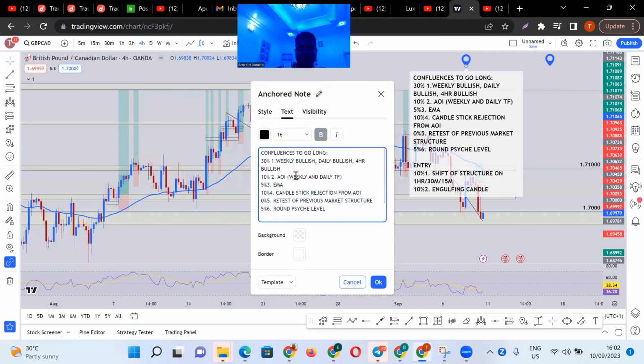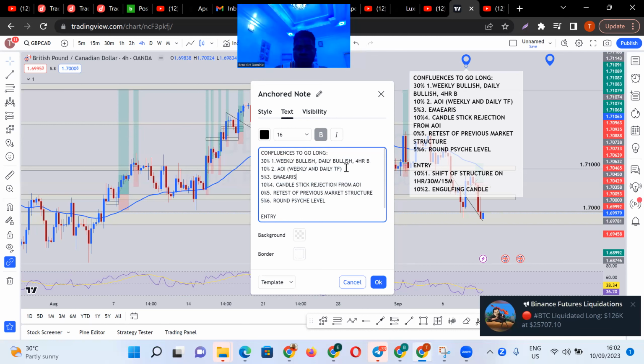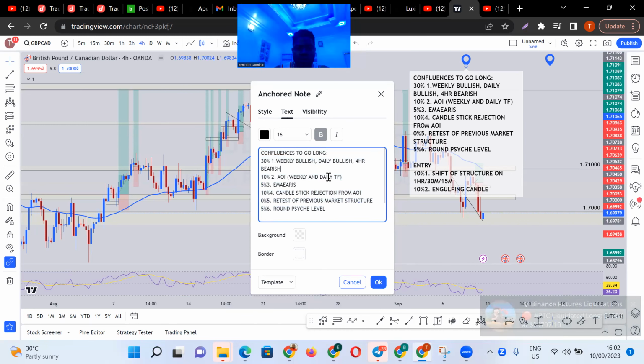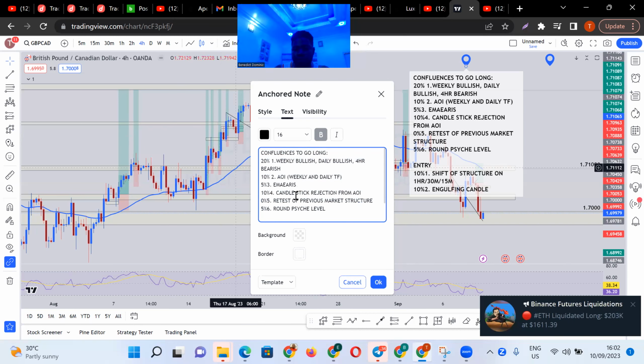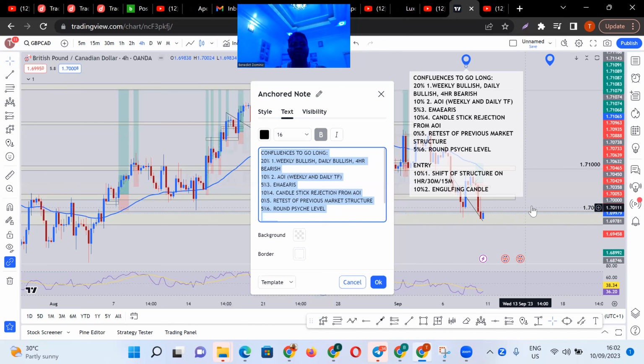I will not do all this in the next pair I'm going to analyze. Okay. So what did I do? Bearish on 4-hour. So I'm going to reduce this to 20% because to each time frame I give 10%.